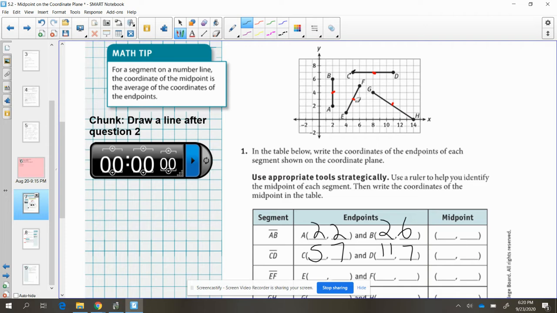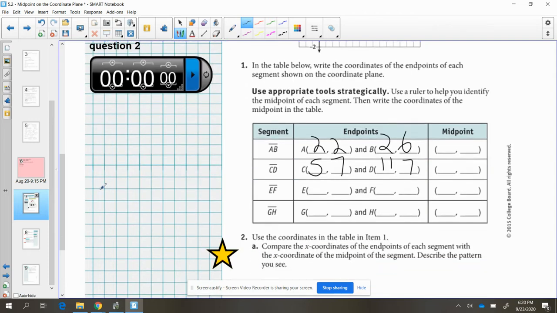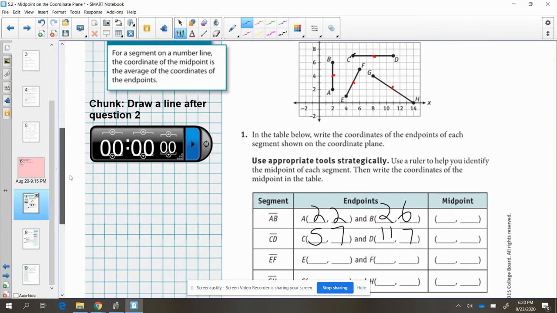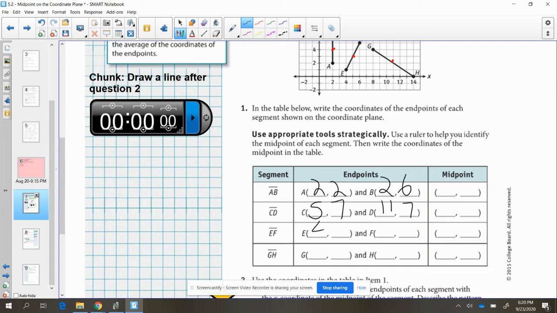And over here we have E and F. E is at 4 comma 1. F is at 6 comma 5. And finally G and H, which are at 8, 4 and 14, 0.